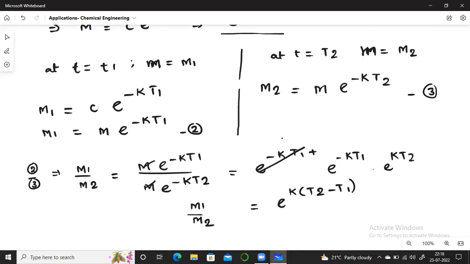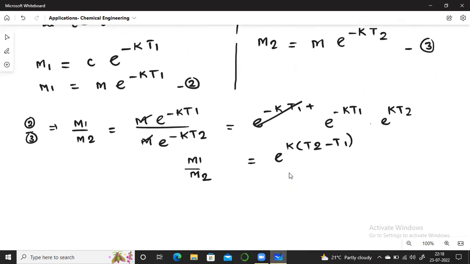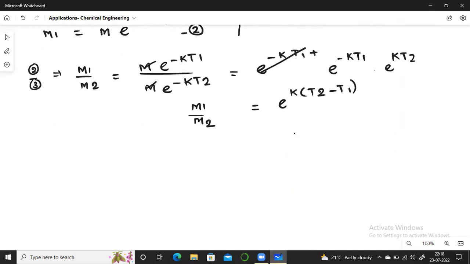Now what is the k value? I want the k value from this equation. So that implies we take logarithm on both sides. If you apply log, log m1 over m2 is equal to log e to the power k into t2 minus t1, nothing but k into t2 minus t1 only.